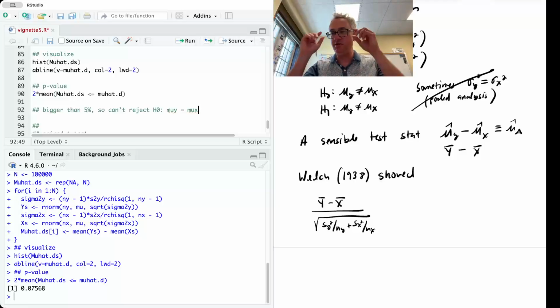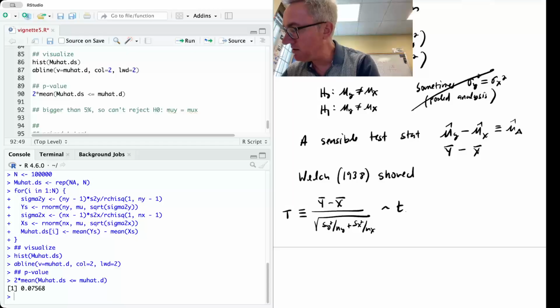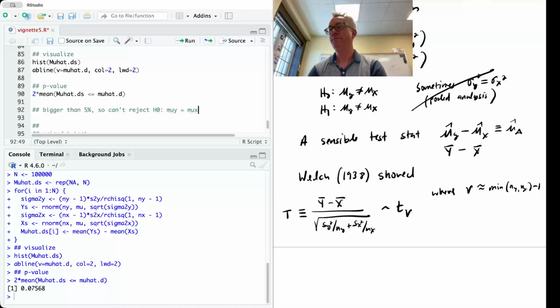Right, so I'm just using that sums of Gaussians are Gaussian here and summing the variances of those two. That is usually called a t-statistic because it has a t-distribution with degrees of freedom nu that is approximately the minimum of ny and nx minus 1.